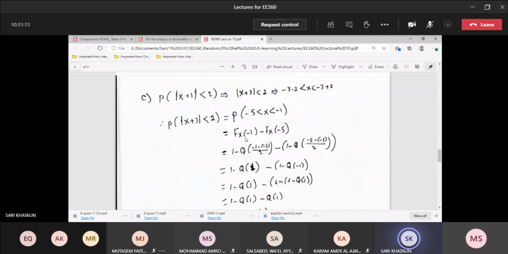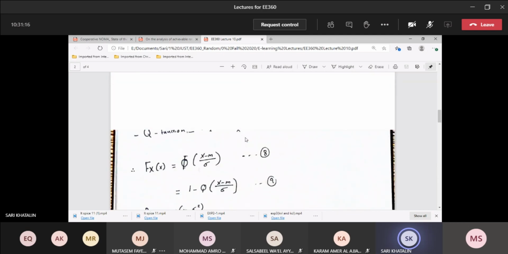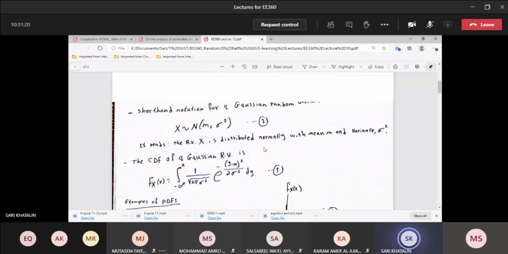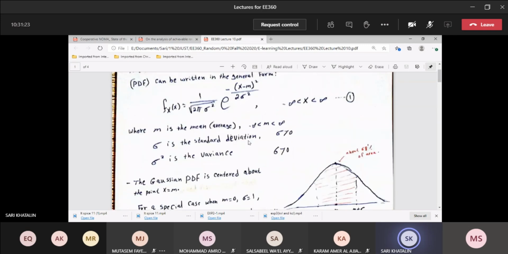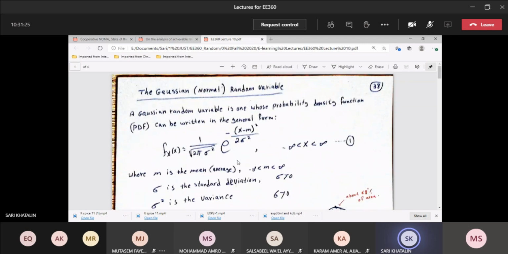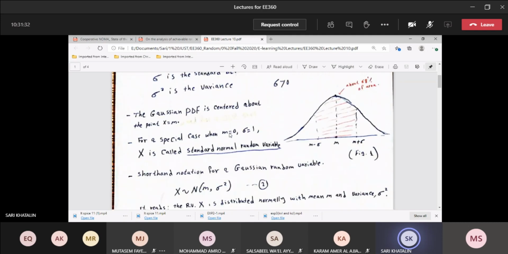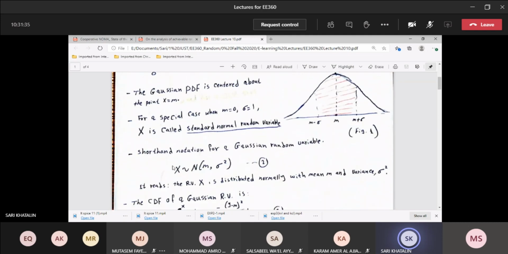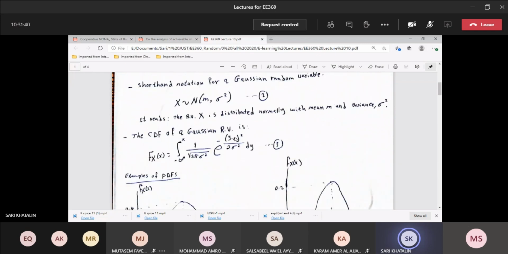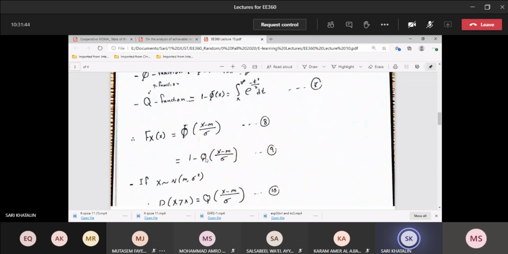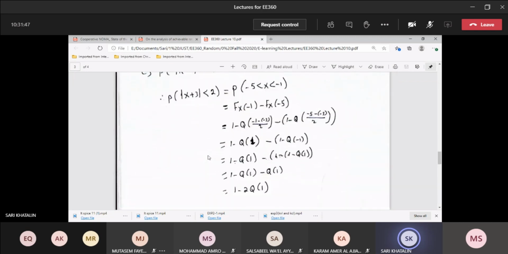The only thing we need to focus on is how to read the PDF, how to find its parameters, the mean, the standard deviation and the variance, and also the notation. Make sure to understand this notation, so that when you see it, you know exactly what it is. Also the standard normal distribution, and how to deal with the phi function and the Q function. And that's all I have today.